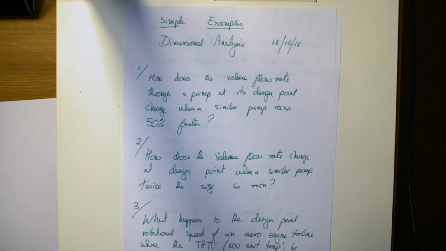The idea is that we have a design of centrifugal pump, which is pre-existing, understood, available, and then you ask the question, how will the volume flow rate of a new pump that runs 50% faster, but is geometrically similar to the first one, change?